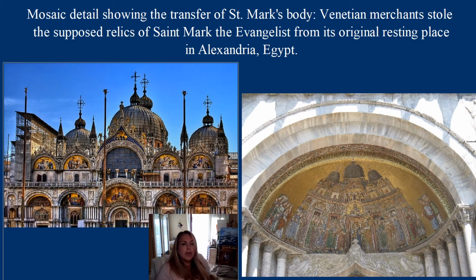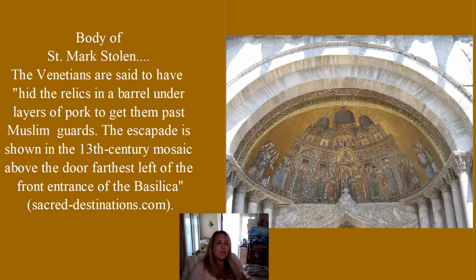So mosaic detail showing the transfer of St. Mark's body. Venetian merchants stole the supposed relics of St. Mark the Evangelist from Alexandria, Egypt, which was where his resting place was. And the Venetians are said to have hid the relics in a barrel under layers of pork to get them past Muslim guards.